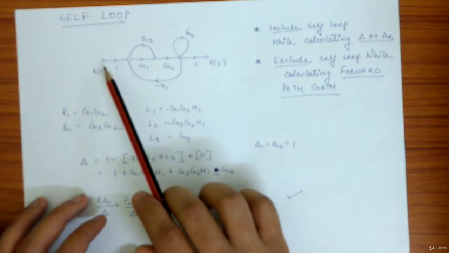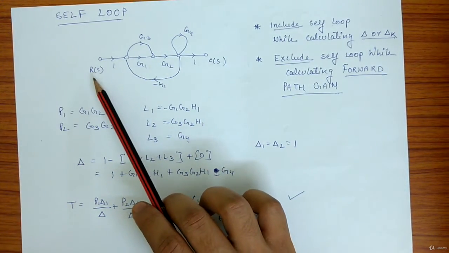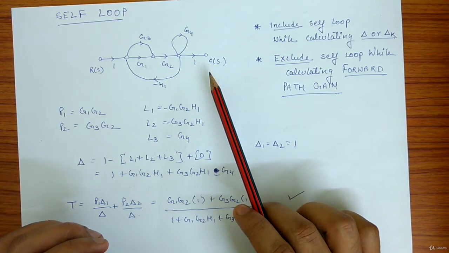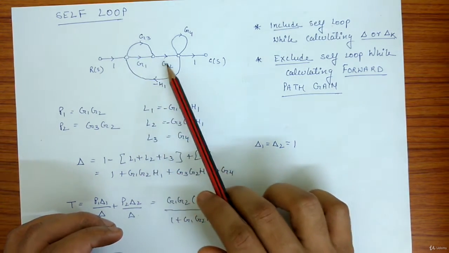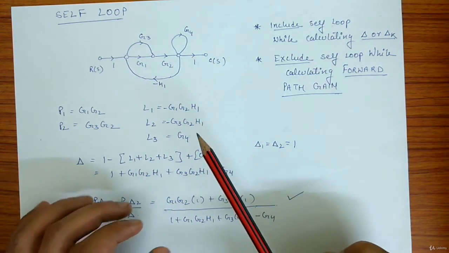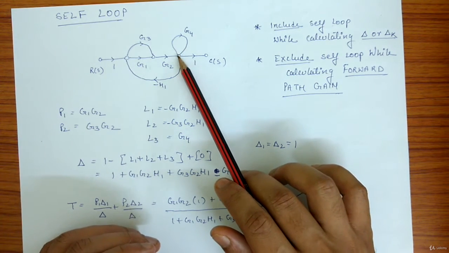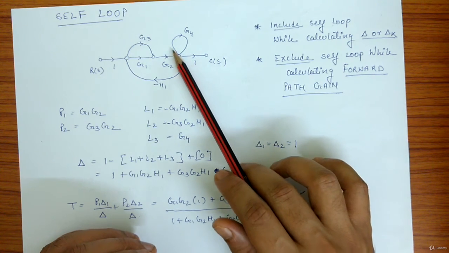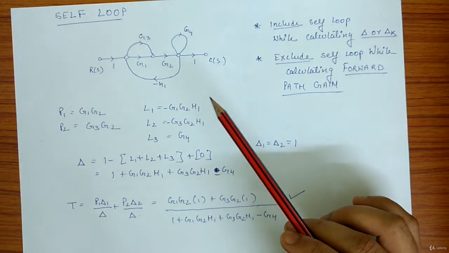So here I can see there are two paths. One is R, 1, G1, G2, 1, C. This is one forward path. My next forward path is R, 1, G3, G2, 1, C. Why are we excluding this? Because if we consider this loop in the forward path, it will be stuck here and we won't be able to go here.